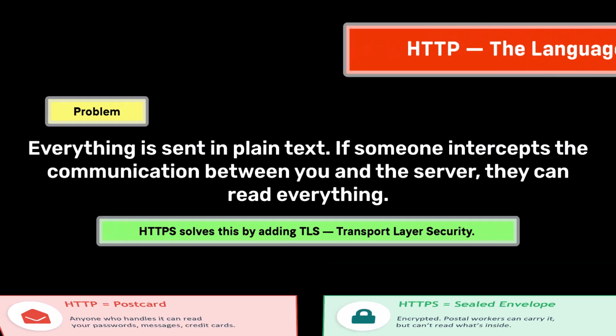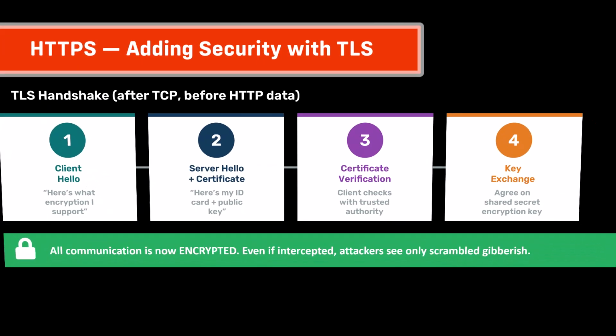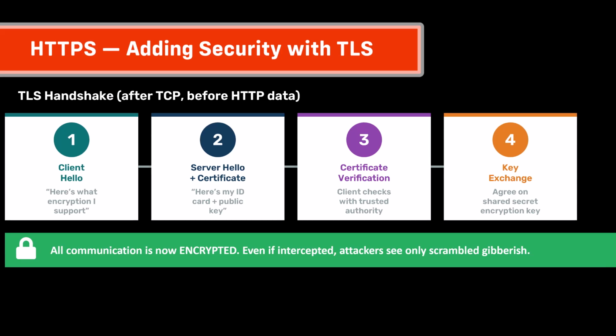So how does TLS work? The TLS handshake happens right after the TCP handshake. Before any HTTP data is sent, first the client says hello and tells the server the encryption methods it supports. The server responds with its SSL certificate, which contains its public key. This certificate is like an ID card.